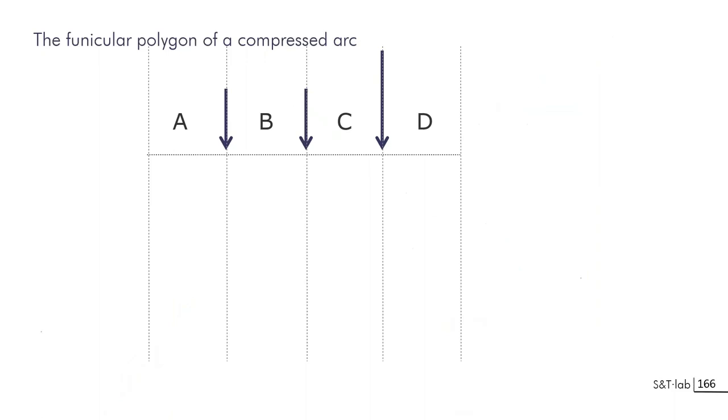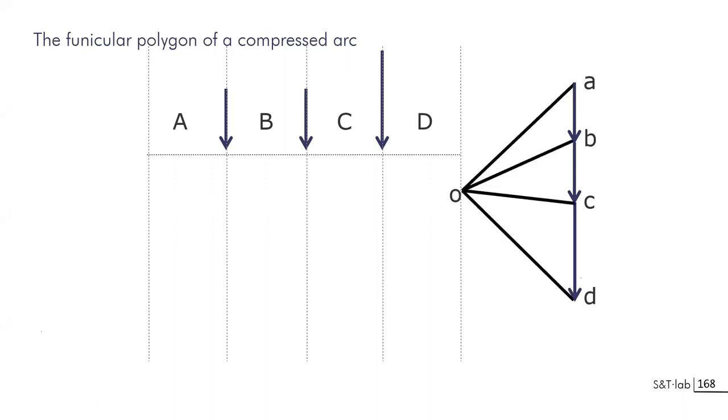What this figure gives you as information is this: I will take a slightly more complex system that won't be symmetrical, so I won't know what the equilibrium force in the reaction on both sides will be. So we need a tool, and the funicular polygon will be the tool we need.